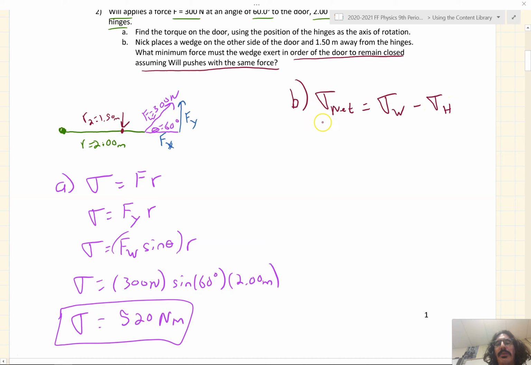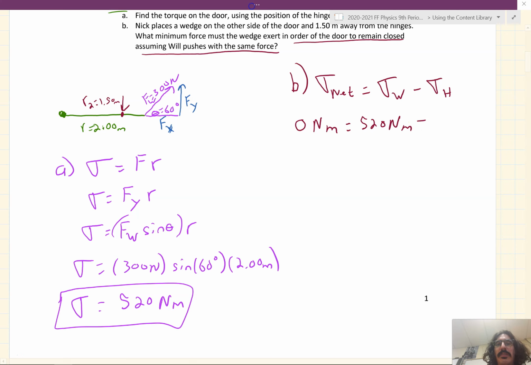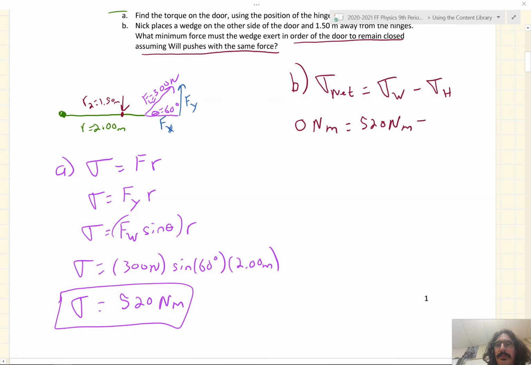And we want the net torque to equal 0. So we say 0 newton meters is going to equal the torque of Will, which we already calculated to equal 520 newton meters, minus the torque of the hinge, which is the force of the hinge times how far away it is from the axis of rotation. And we're solving for F of h.